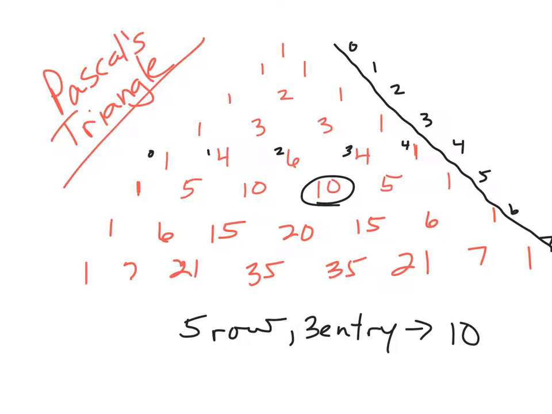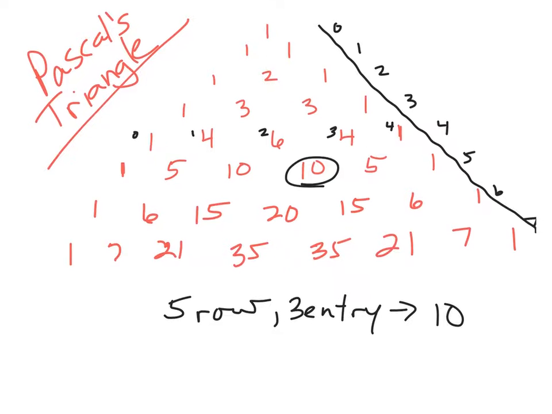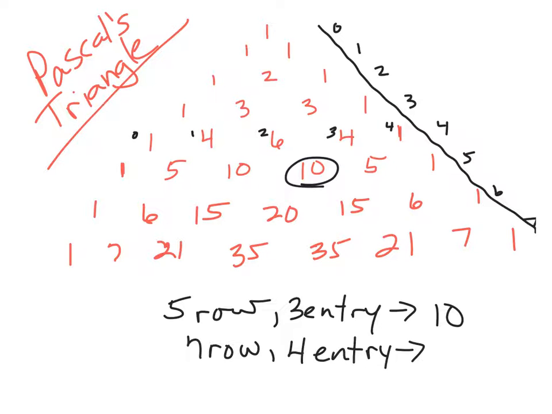Okay. If we said to go to the 7th row, 4th entry, 0, 1, 2, 3, 4, it'd be 35.